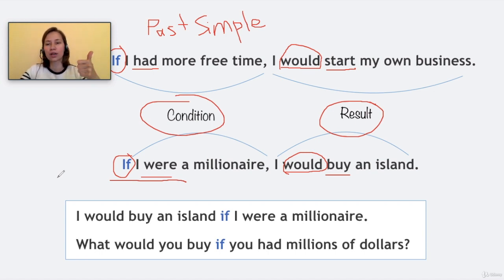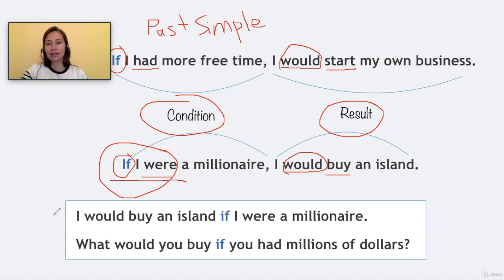I was, he was, she was, it was, but you were, they were, and we were. But in conditional sentences type 2, we use this phrase, and this is kind of a common phrase to say. We don't usually say if I was a millionaire, but we say if I were a millionaire. This is just a common phrase, but we use it only in these conditions.